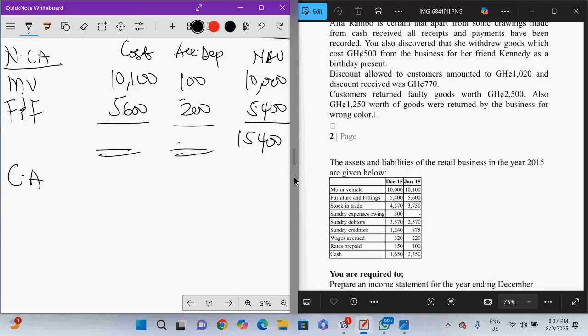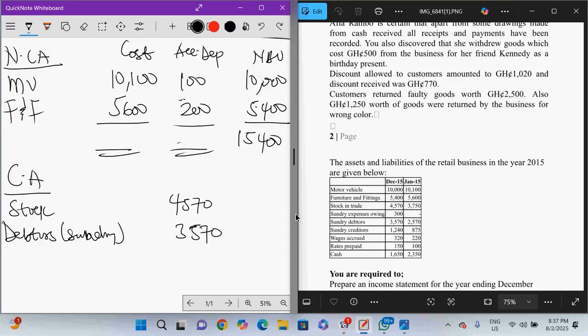Then current assets. We have the stock. We always use the closing stock, which is 4570. Debtors are 3570.